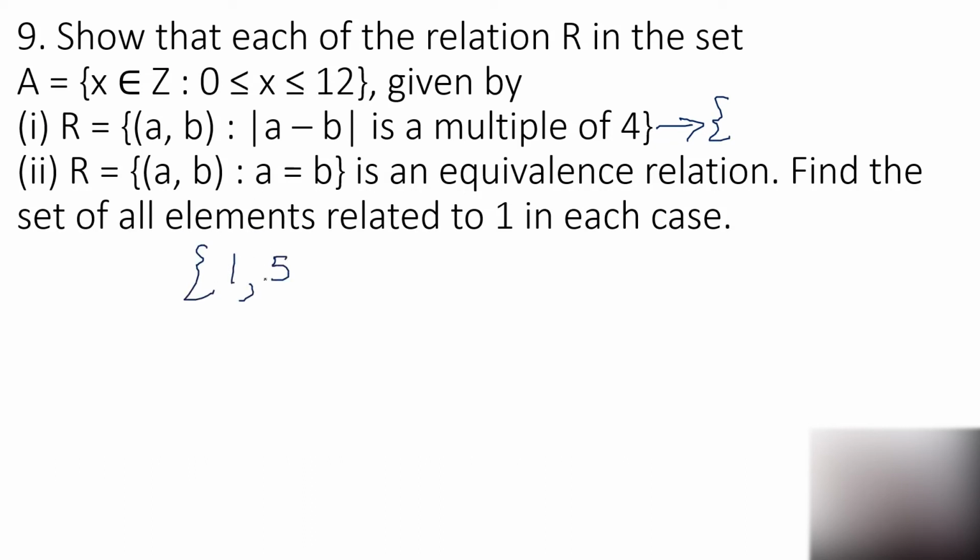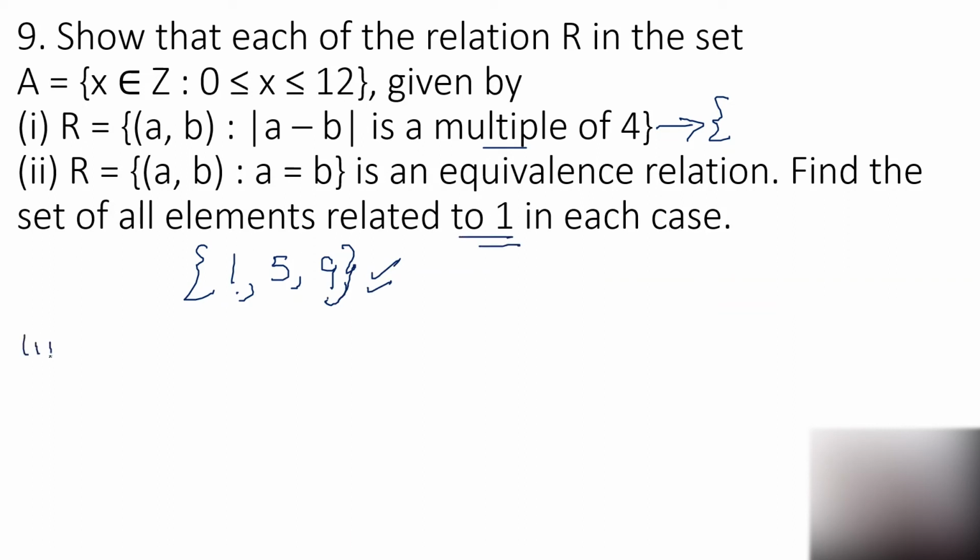It means 1 is related to 5, because 5 minus 1 is divisible by 4. And then the next number is plus 4, that is equal to 9. 9 minus 1 is equal to 8, which is a multiple of 4. The next number should be plus 4, which means 13. But this is not in the collection. Therefore, this is the set of all the elements related to 1.